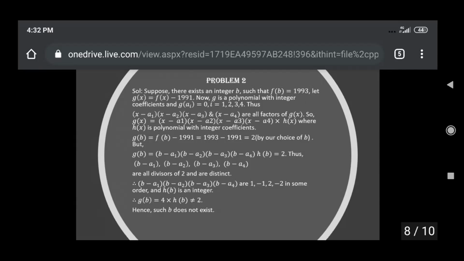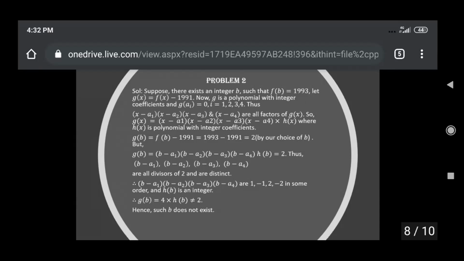We multiply h of x to the polynomial g of x. Then instead of x, I will write b in the equation g of x is equal to f of x minus 1991. Therefore, g of b is equal to f of b minus 1991. We have assumed by contradiction that f of b is equal to 1993, so g of b is equal to 1993 minus 1991, which is equal to 2.